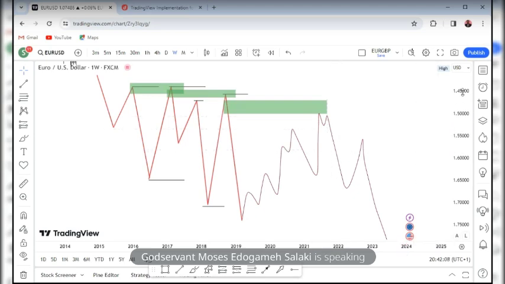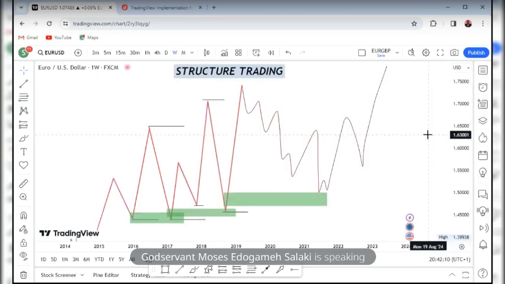So what I recommend personally is that if you want to trade structure, you must start your analysis from the higher time frame. All right, you must start your analysis from the higher time frame.